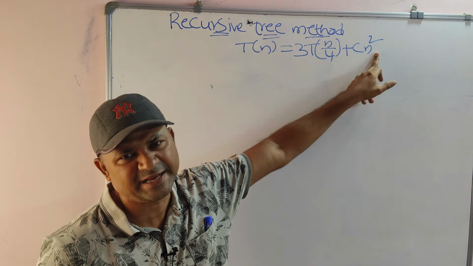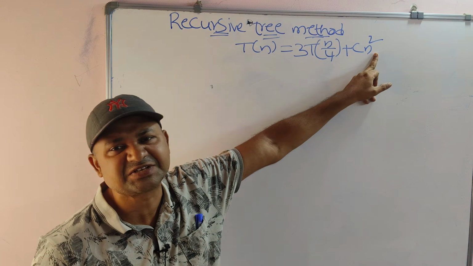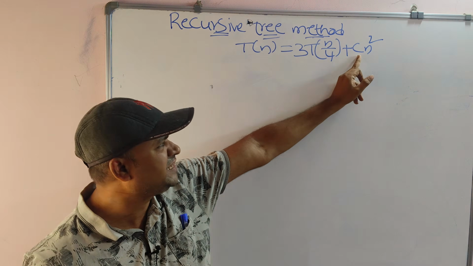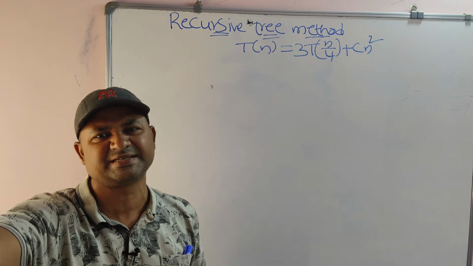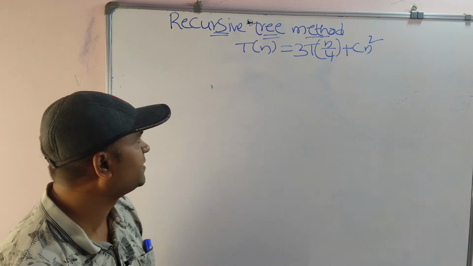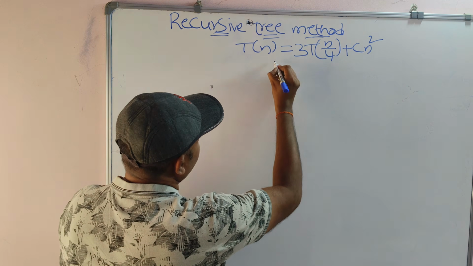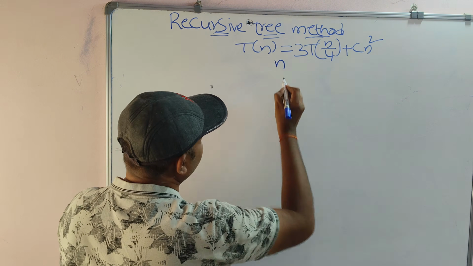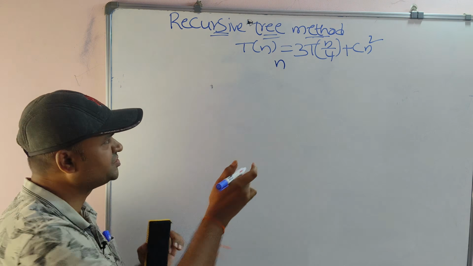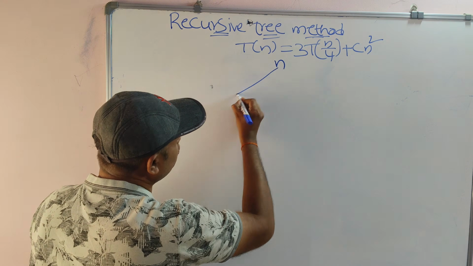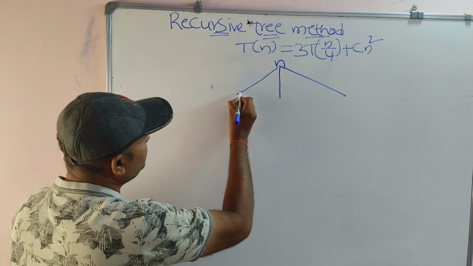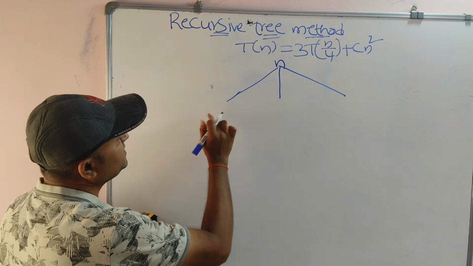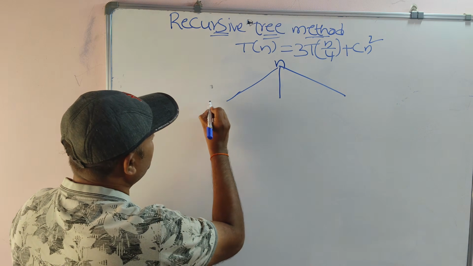For the merging operation, we require n² comparisons. So this is nothing but some constant part. It may be 5 or 6 or 10, some constant number. So here we have n. The given array of n elements will be divided into 3 parts where each part will contain n/4 elements.